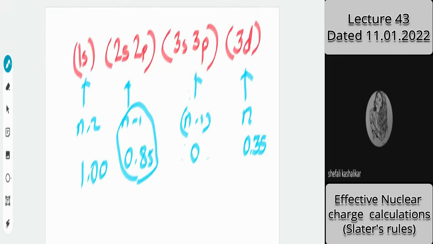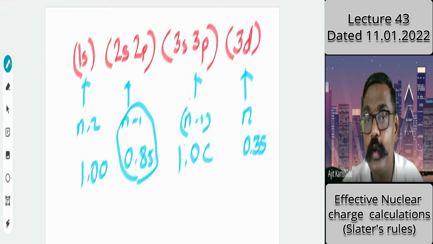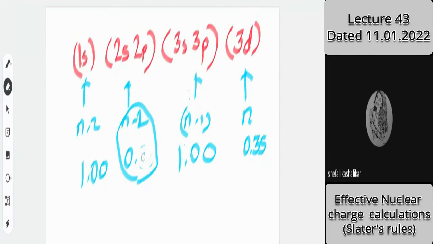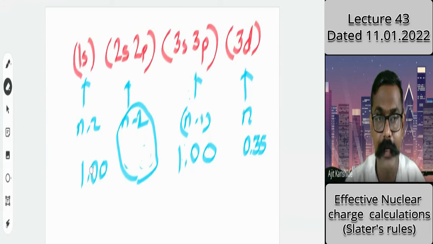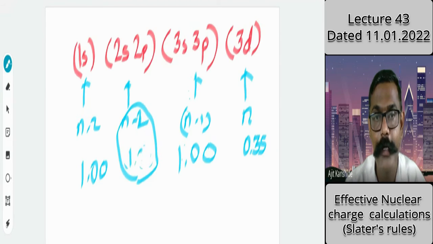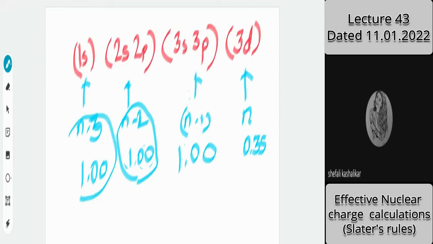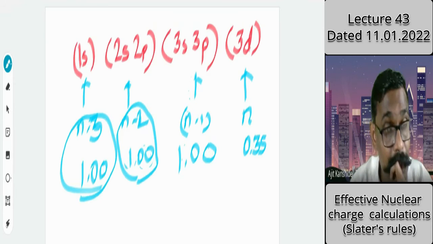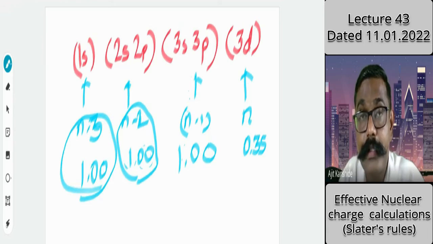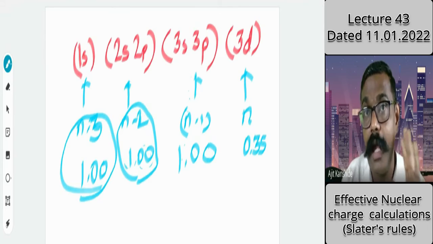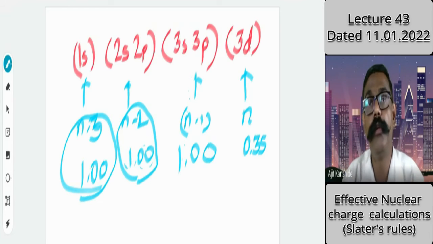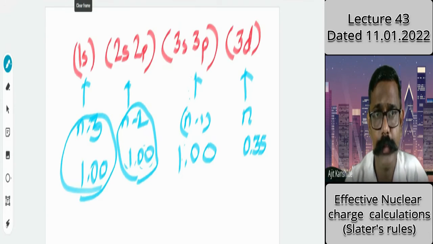Here it is 1.00. It is n minus 2. What is the contribution? 1.00. It is n minus 3. Contribution? 1.00. So what is the question? When will that 0.85 come? If the electron under consideration is other than 3d and 4s, in such cases the n minus 1 group will be with 0.85. Yes, students, is it clear?